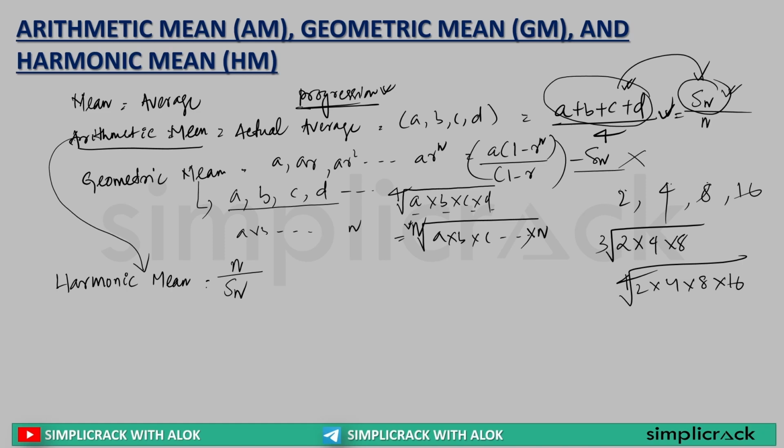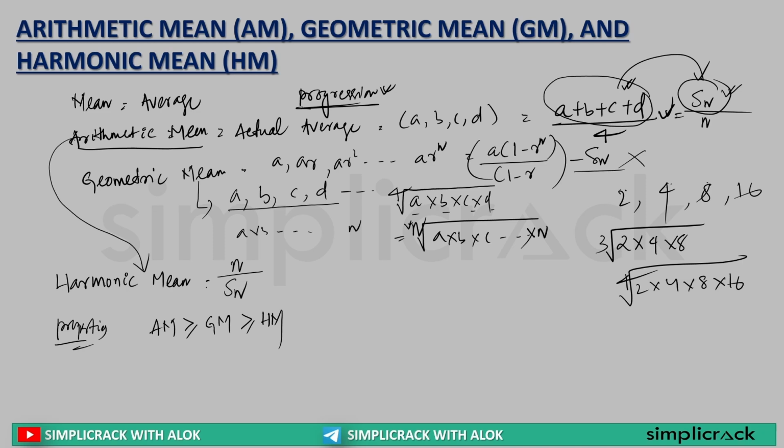Clear. Now understand this, this is a property. Arithmetic mean is always greater than or equal to geometric mean, and it is always greater than or equal to harmonic mean. Now in SSC you won't see questions like this, but in the CDS examination, yes, there will be questions based on these properties.